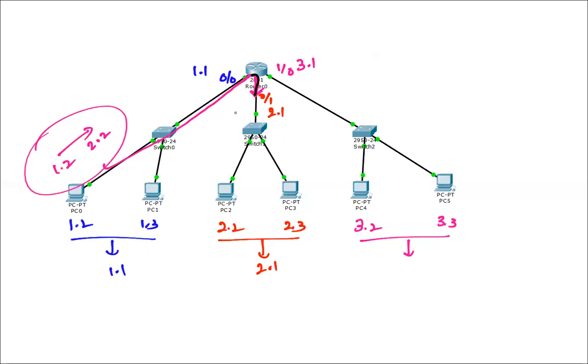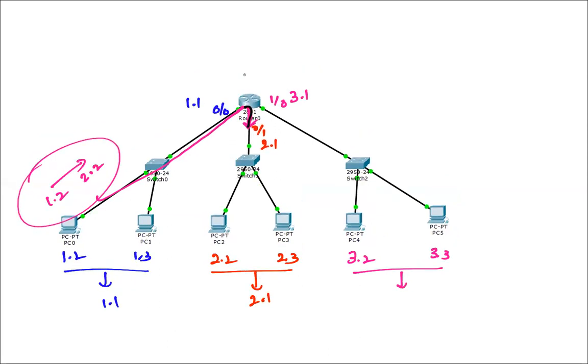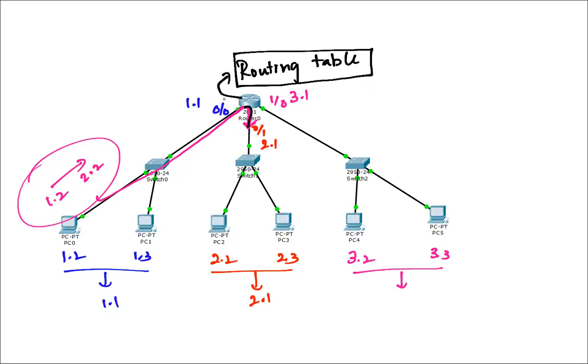You might have a variety of answers, guys. Fine, let me simply tell you what the answer is. The router will maintain a table called the routing table. With the help of that routing table only, a router will route the packet. The packet comes to the router asking for the route.